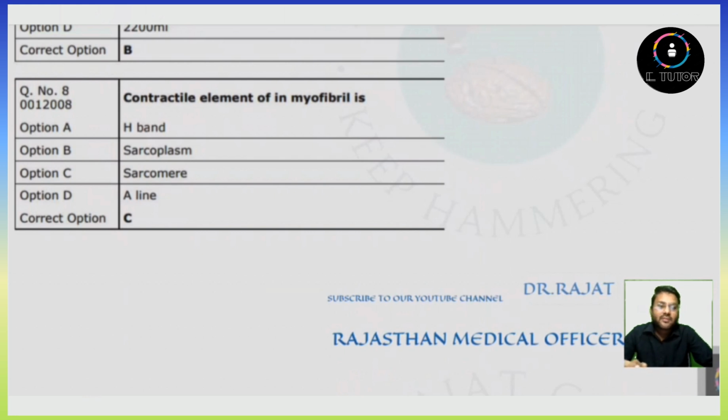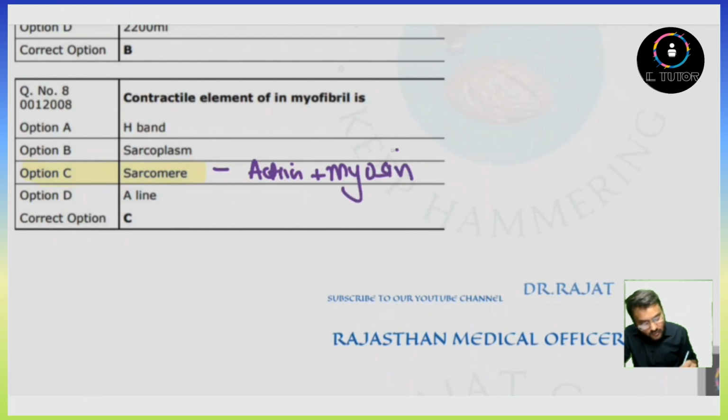Sarcomere has actin plus myosin, which means both thin and thick components are present in the sarcomere.